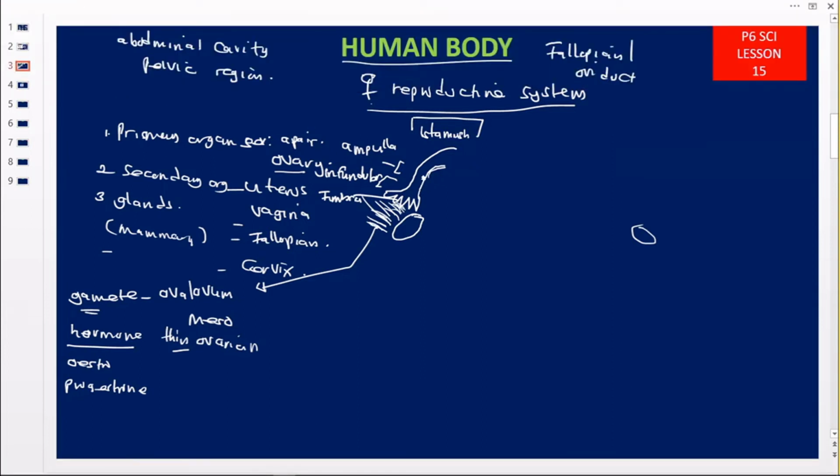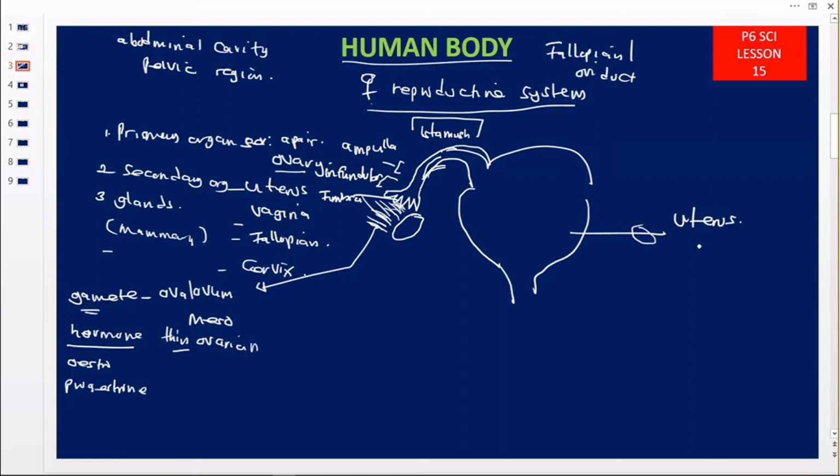All right, so this one, we have this tube. Then this tube is now going to open into a bag-like structure like this here. This bag-like structure is what we call the uterus. The uterus is also called the womb.